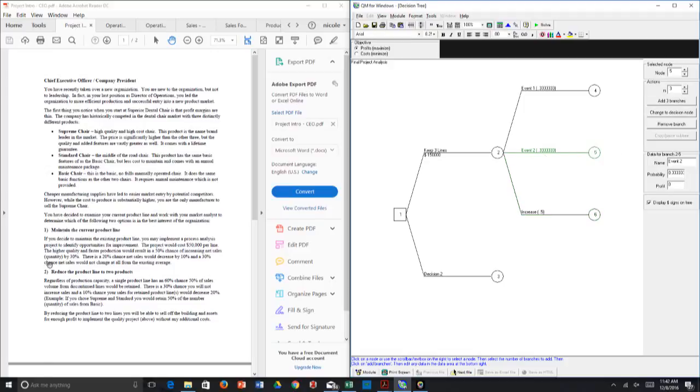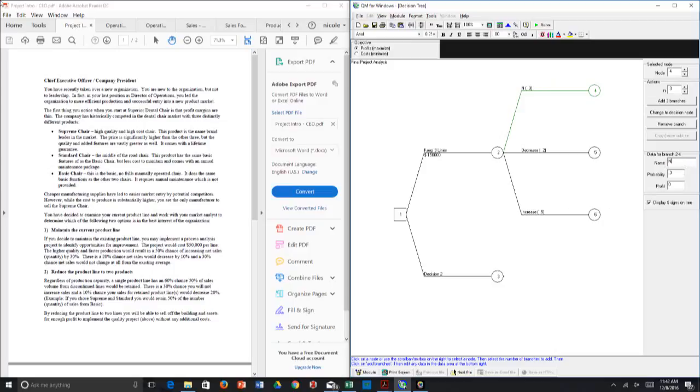We also have a 20% chance net sales would decrease by 10%. And we don't know what that net profit would look like if it decreased by 10%. And we'll explain why we don't know that yet. And we have a 30% chance net sales would not change at all from the existing average.